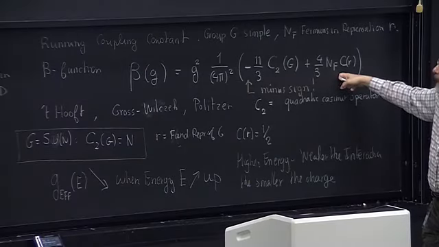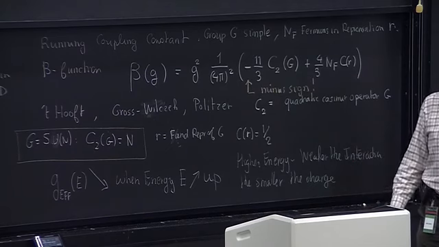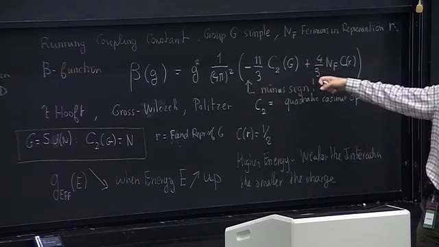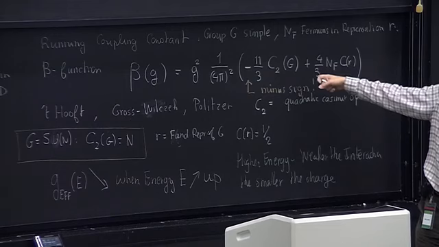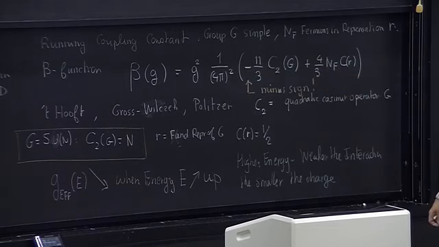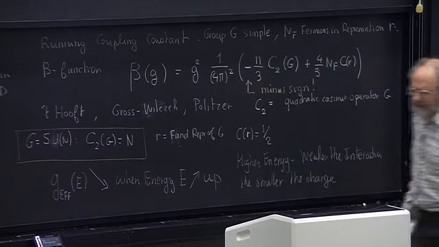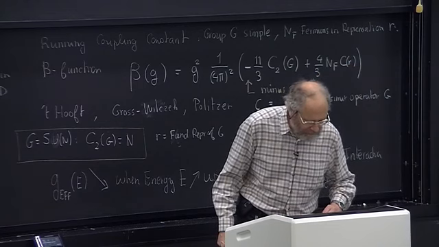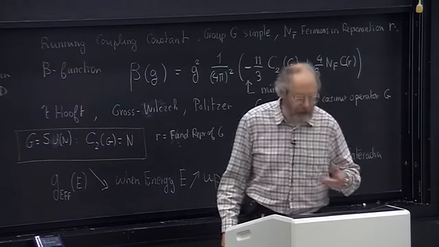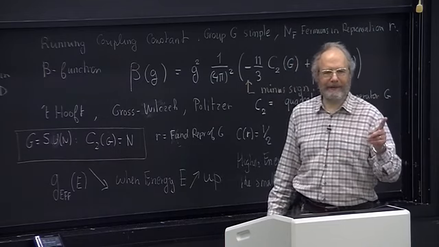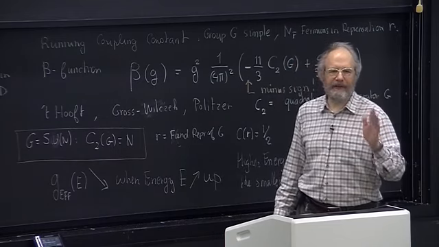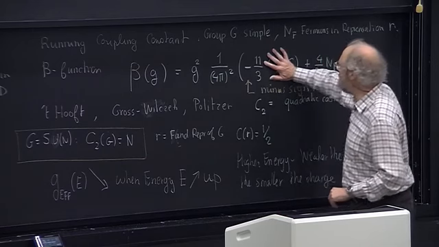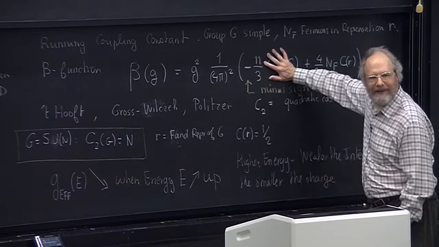Okay. And of course, this formula contains the result for QED, because QED is a U1 theory. And so, why did I say that this is N? Yeah, it's a U1, so SU1, well, SU1 is just trivial. So basically this term is absent for QED.